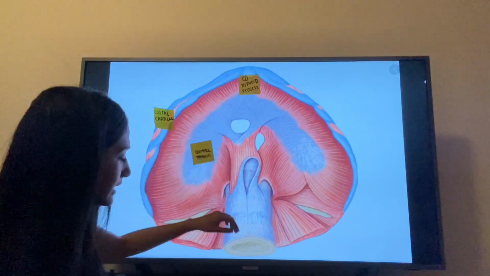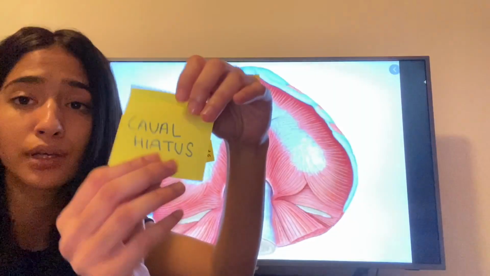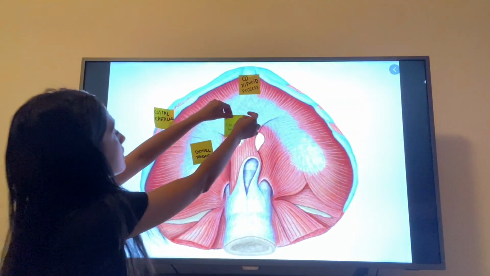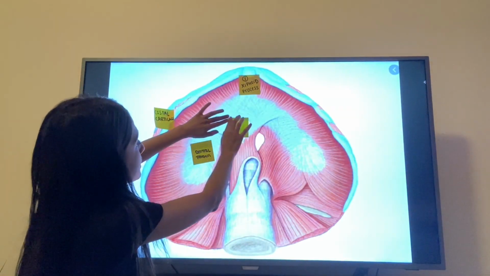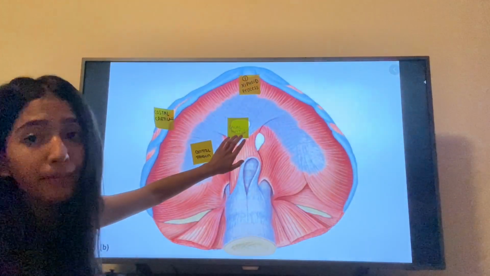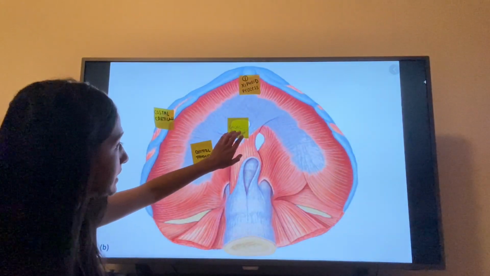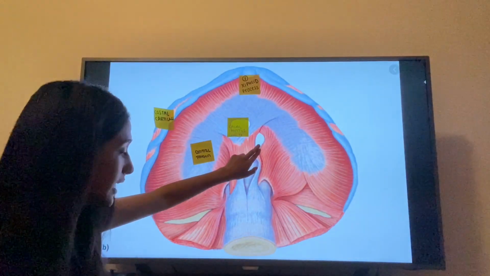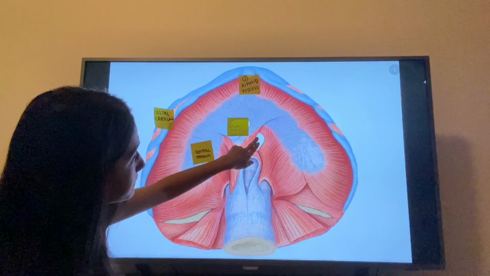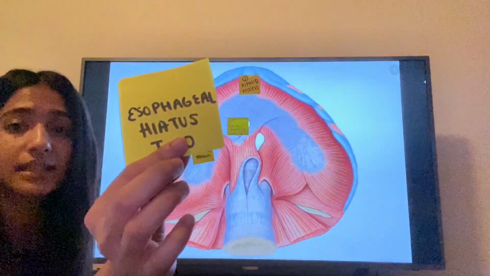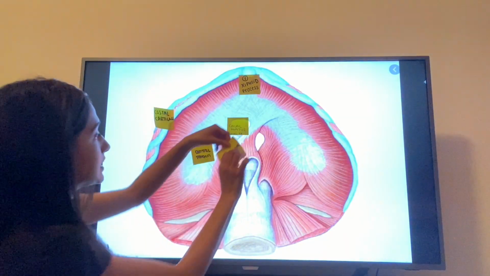The caval hiatus is located at the level of the thoracic 8th vertebra, here. The main structure where it gets its name from is the vena cava that passes through this hiatus. The other one, as the name suggests, the esophagus passes through this, so it's called the esophageal hiatus. And it's at the level of T10.